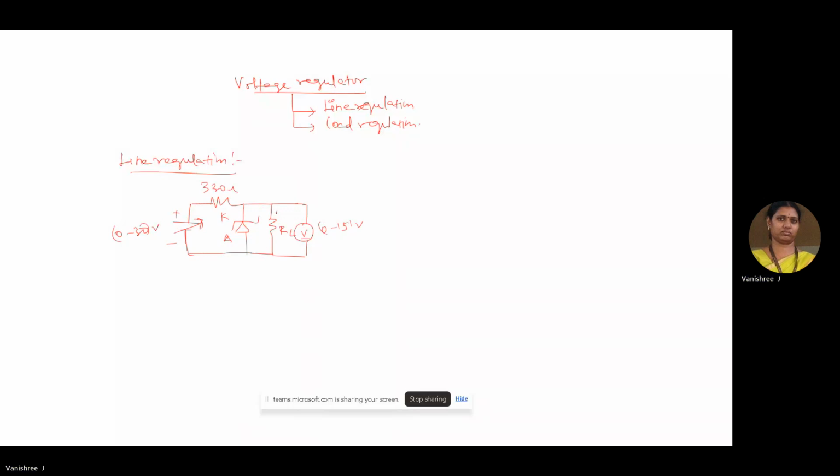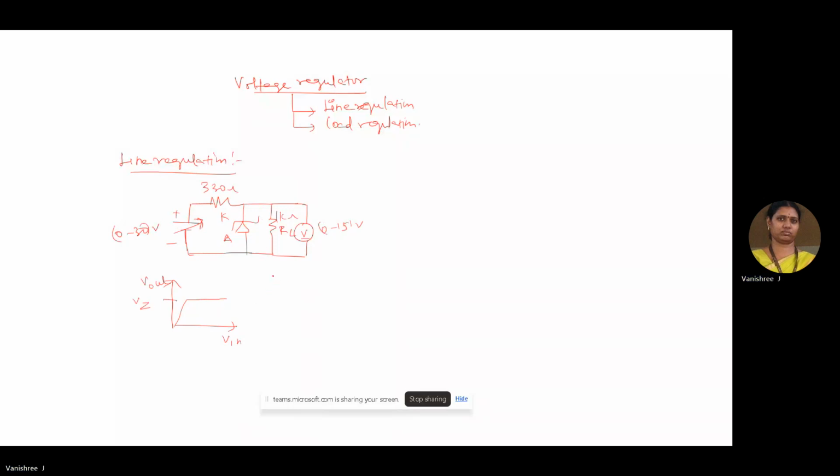Now let us have a 1 kilo ohm resistor. If you see the characteristic graph or the model graph, it is drawn between the input voltage and the output voltage, where as we increase the input voltage, the output voltage increases and finally gets saturated at the Zener breakdown voltage.